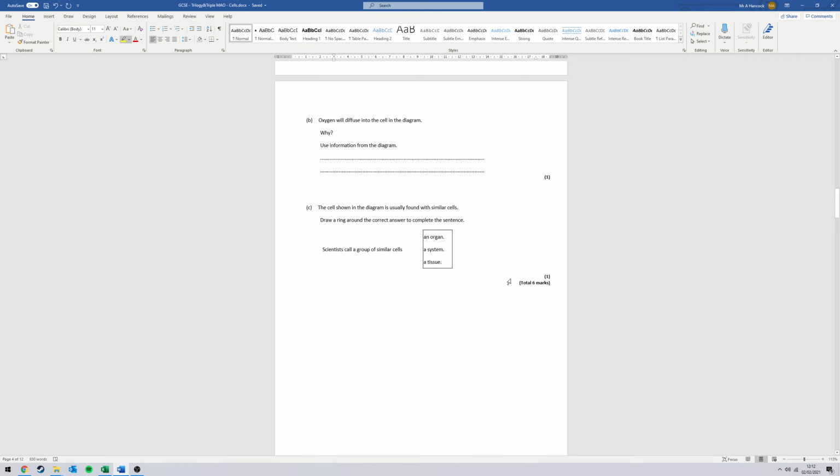Why? And use the information from the diagram. Part C. The cell shown in the diagram is usually found with similar cells. Draw a ring around the correct answer to complete the sentence. Scientists call a group of similar cells an organ, a system, a tissue.